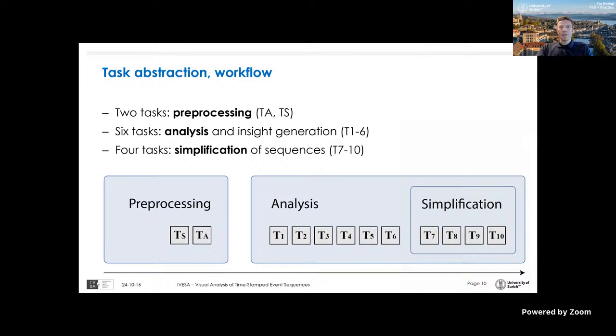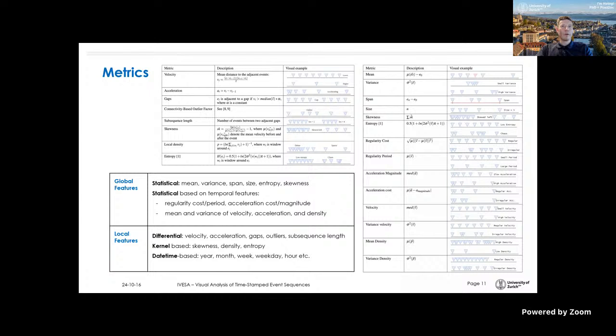And then there is the core analysis part of 6 tasks, which are very InfoVis-like, and then 4 tasks, which are very much referring to data simplification aspects where a lot of visual analytics and interactive machine learning capability came in.